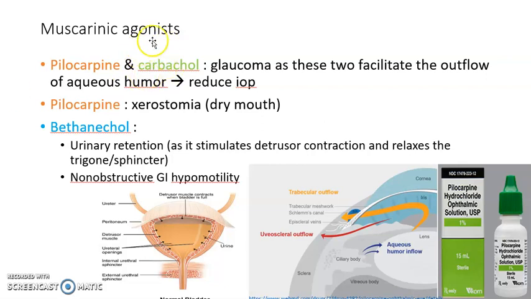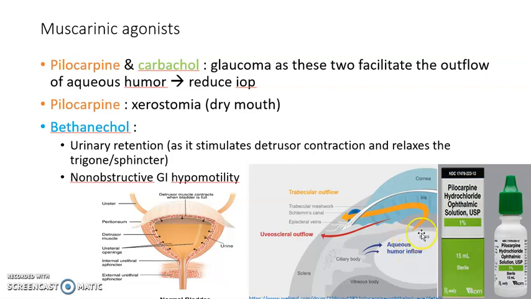So muscarinic agonists, we have pilocarpine and carbachol, which are used for glaucoma, because pilocarpine and carbachol will make it easier for the outflow of aqueous humor. Okay, because we know that in glaucoma we have increased intraocular pressure. Okay, it's the pressure in the front area of your eye.